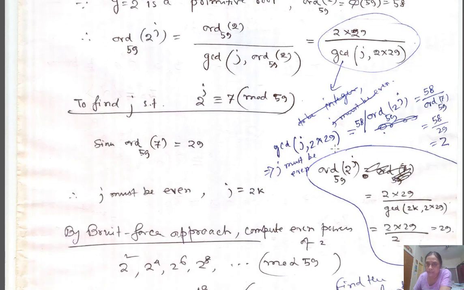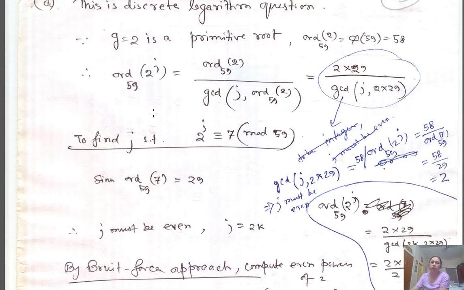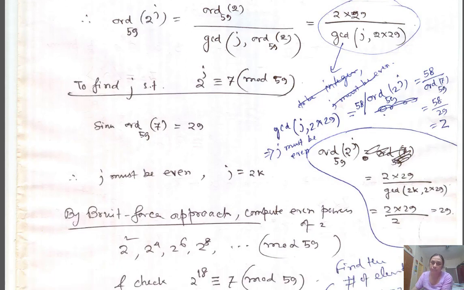Here I have the factor 2, and since the GCD is 2, j will have 2 as a factor. So j must be even. This information I get from the order of power formula. Okay, so then I will go for a brute force search.